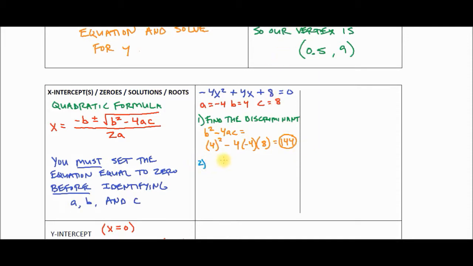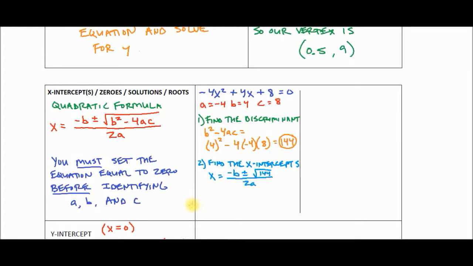Step number 2 is now we can actually find the x-intercepts. Well, now we know the x-intercepts are going to be x is equal to negative b plus or minus the square root of, we already found this, class, the discriminant is 144, so we're going to write 144 divided by 2a.